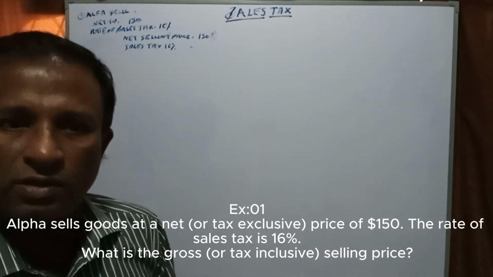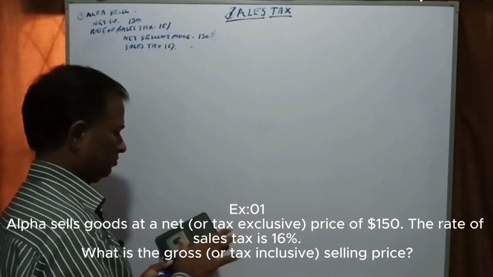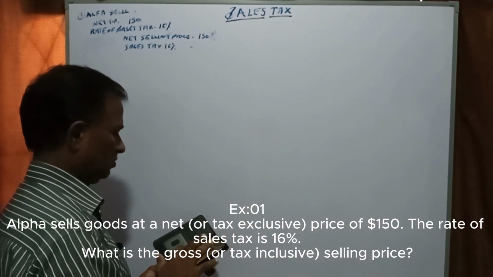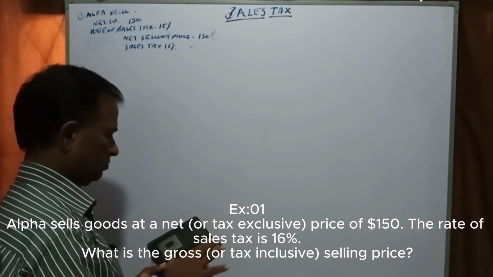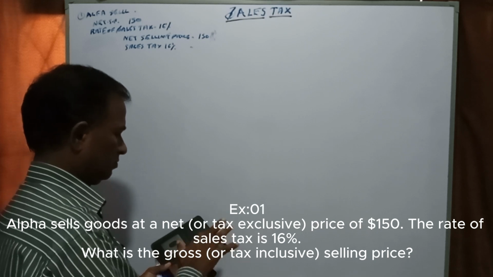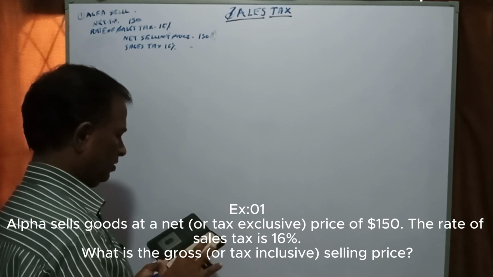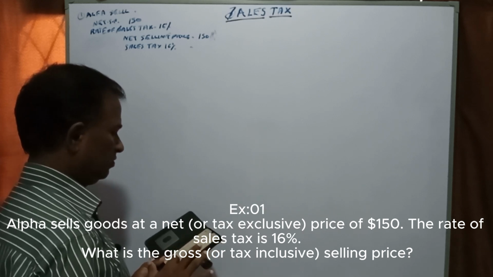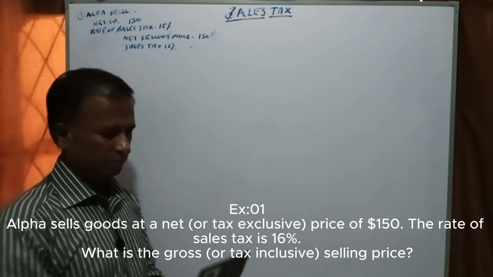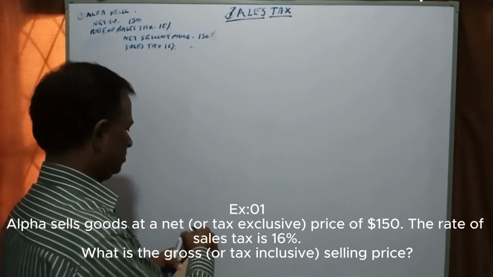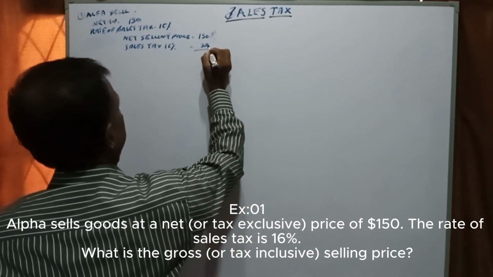So we need the calculator. 150 into 0.16 is 24. 24 is the tax.